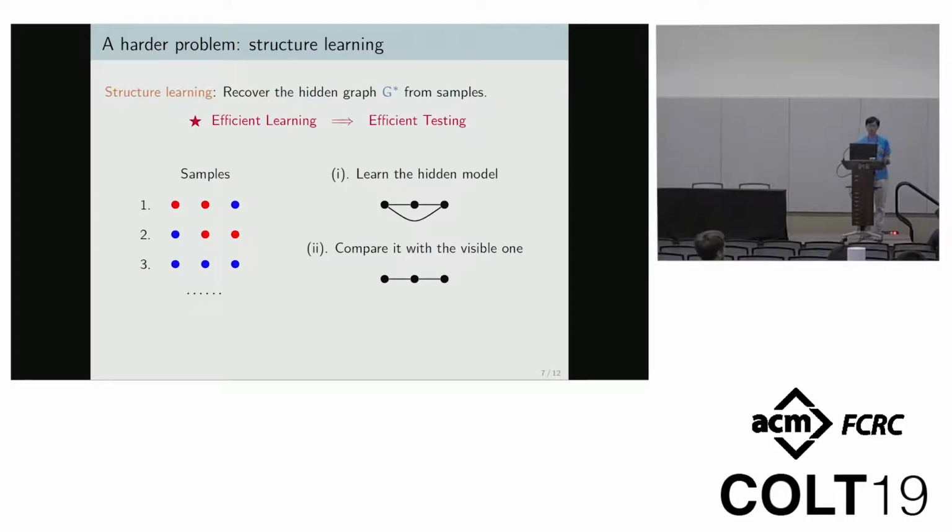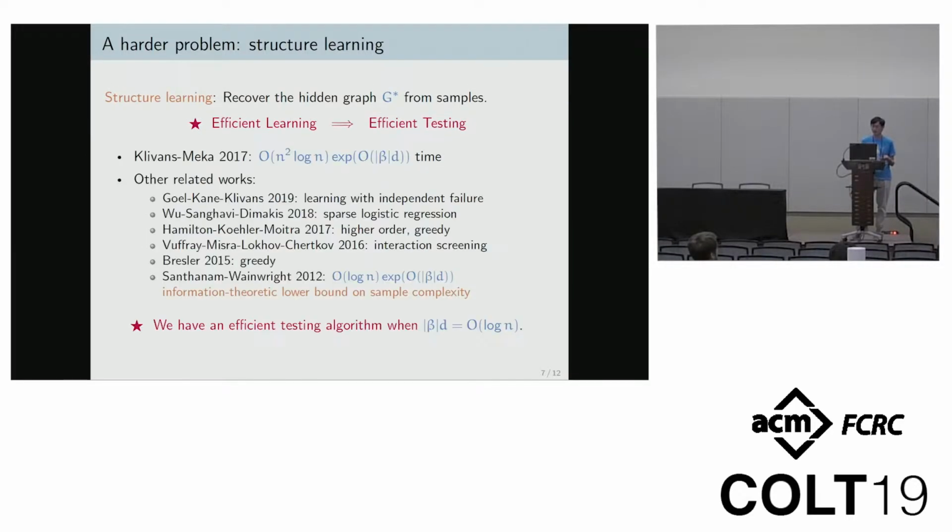There's also another closely related but harder problem, the structure learning problem, where we get samples from the Gibbs distribution and our goal is to recover the underlying graph that defines the model. It's easy to see that when we have an efficient learning algorithm, then we have efficient testing, because we can just learn the hidden graph and compare it to the visible one.